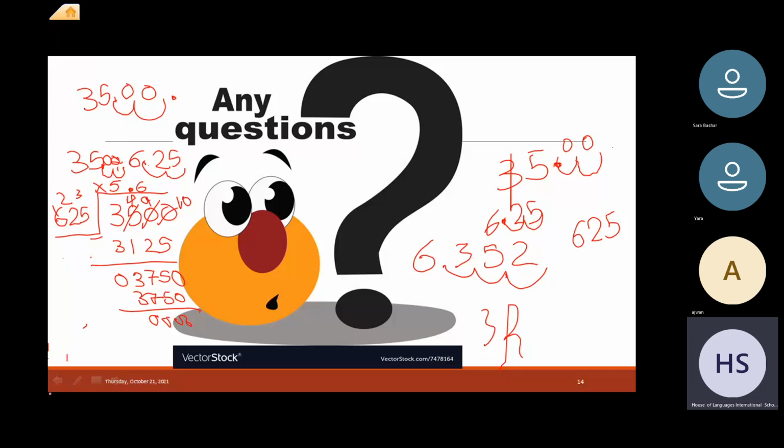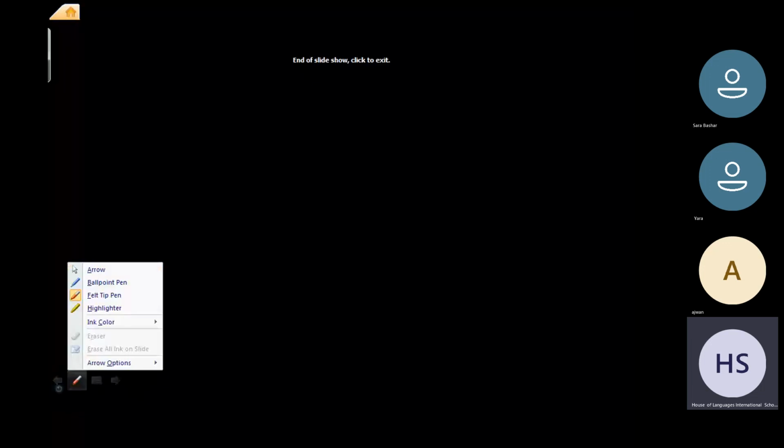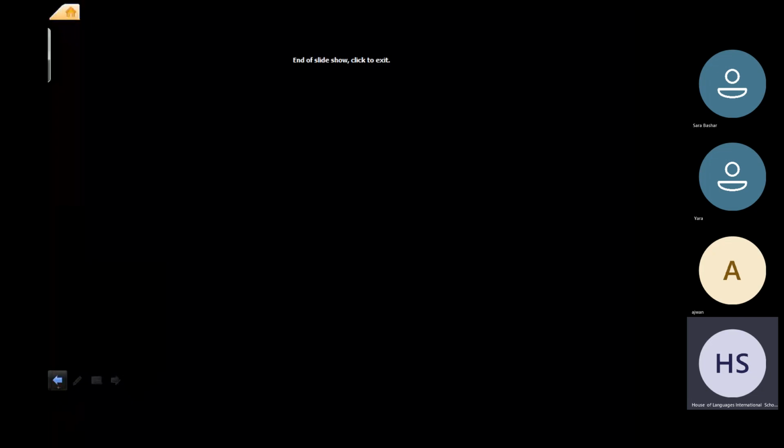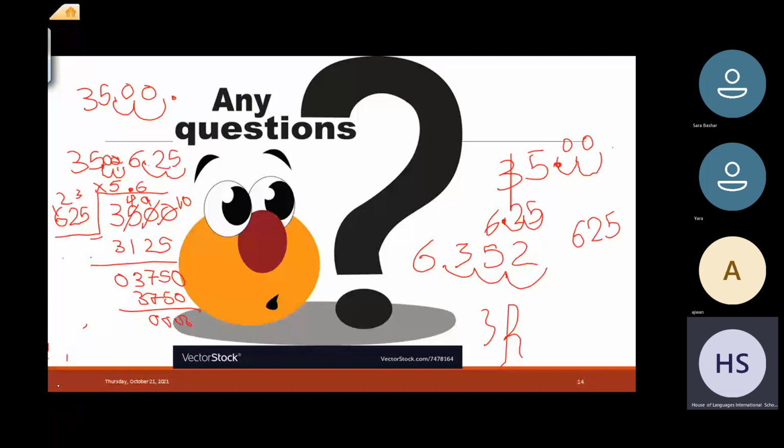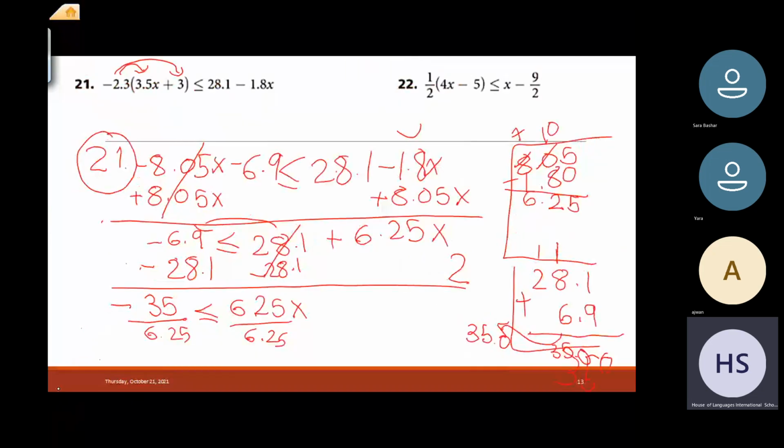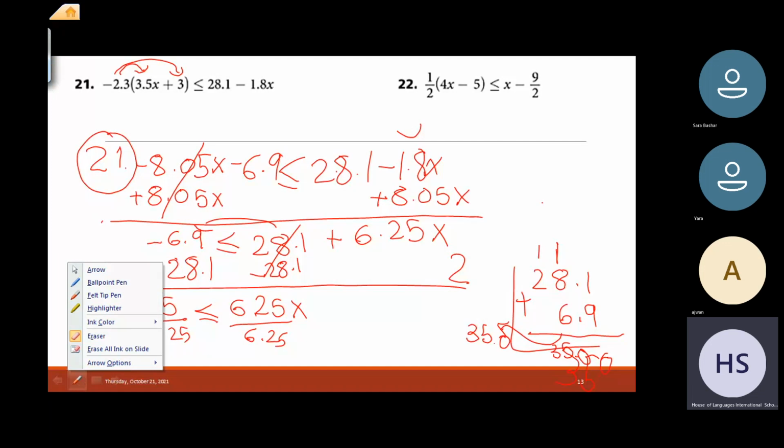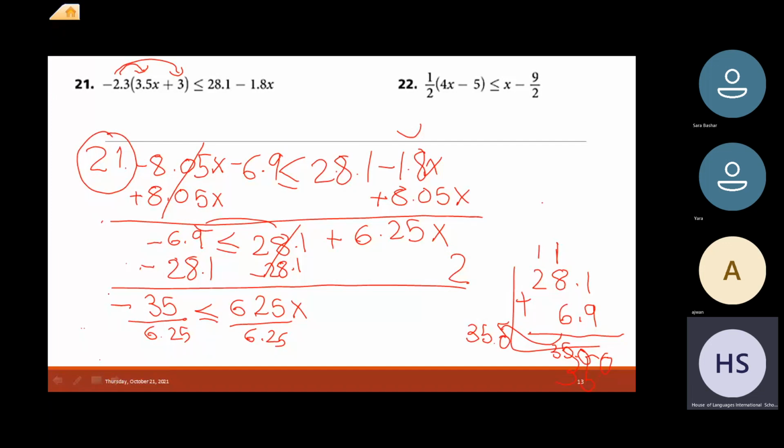Okay, so here the answer was 5.6. So here, dividing 35 by 6.25, it's negative 5.6, as we solved it before, less than or equal to x.